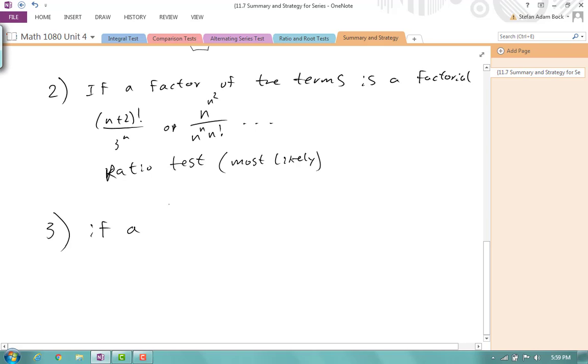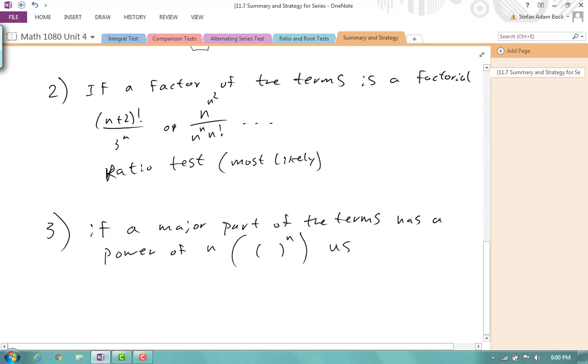If a major part of my terms has a power of n, then I'm going to use either the root or the ratio test. And by that I mean I have something to the n somewhere.